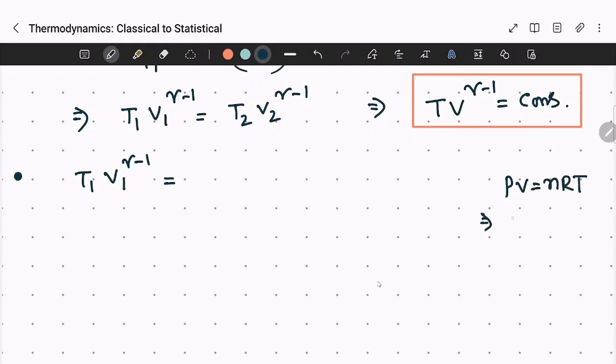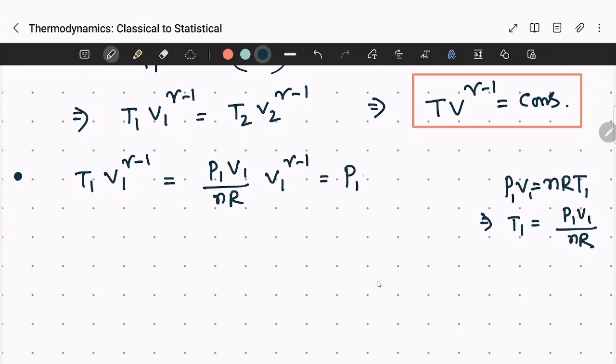So for state 1, P1 V1 equals nRT1, the number of moles is not changing. So T1 should be P1 V1 by nR. If you put it here, we can write T1 V1 by nR and V1 to the power gamma minus 1. So if you write it, then P1 V1 to the power gamma by nR.